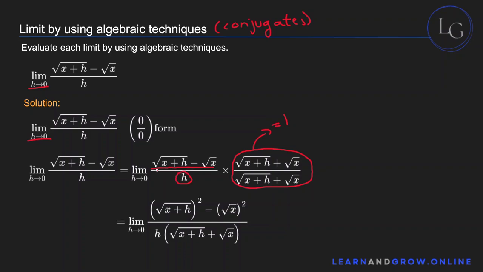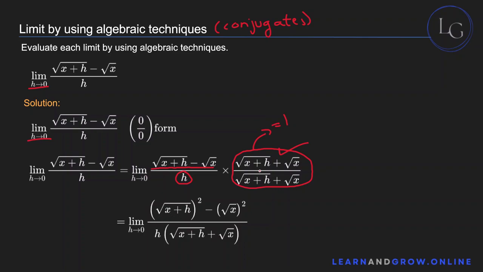But the numerator is a very intricate function, this under root x plus h minus under root x. So you multiply the function with the conjugate of this numerator. If this was in the denominator and h was in the numerator, you would still multiply it with this particular expression, because this is the more complex function.